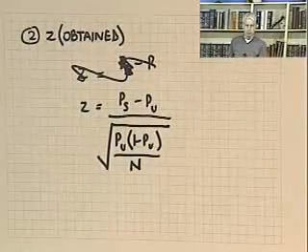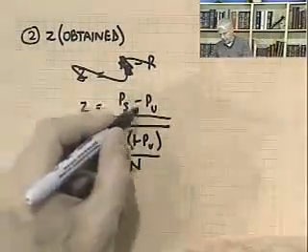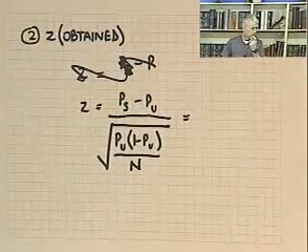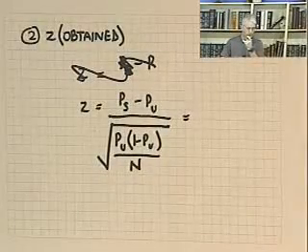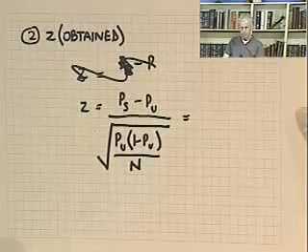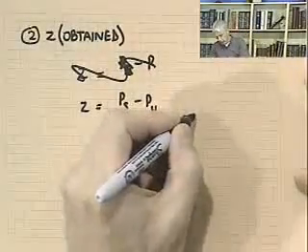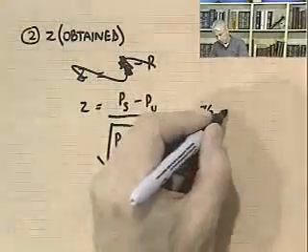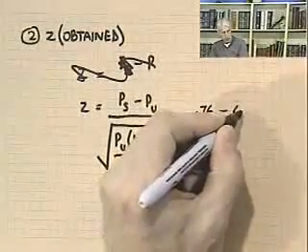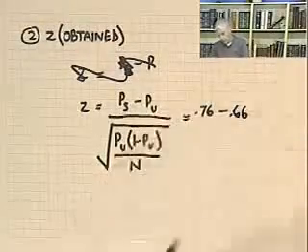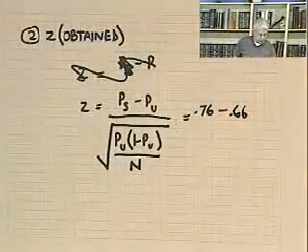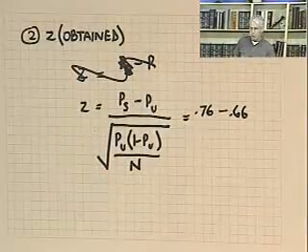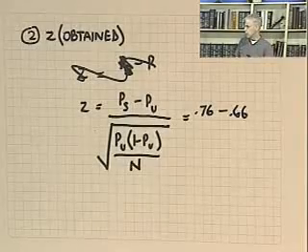Let me ask you, what is the value of P subscript S in the current problem? .76, and P subscript U, would you agree, is 0.66. I make a point of this because in the scenario itself, you're not given those data as proportions.